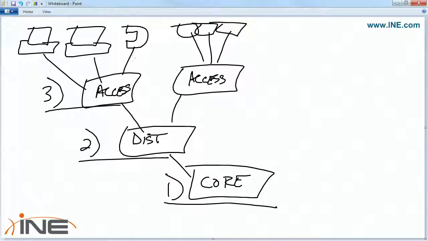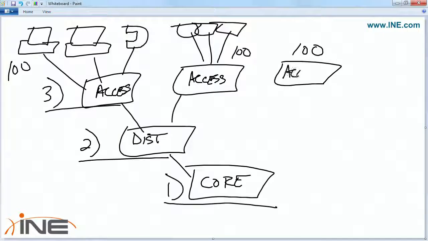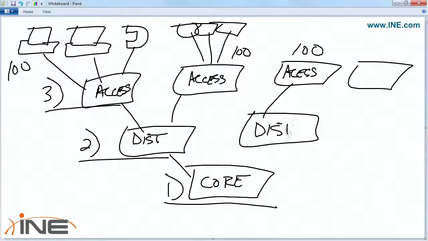So let's say I have 100 hosts that are connected to the network. If I now need to add 100 more or continue to scale the network, the only thing I need to do is add more access level switches, eventually connect these to new distribution switches, and then they can be serviced by the same core, because this is where the real high-speed forwarding is happening.